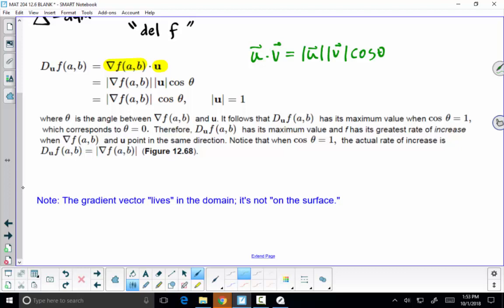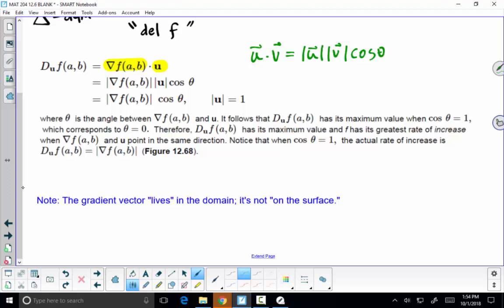So the largest the derivative of f in the u direction could ever be is when theta is 0, so that cosine of theta is 1. Does everyone agree with that? Because if you choose another theta, your cosine value will be a fraction, and when you take a fraction of a number, you're shrinking its value. So the most this can ever be is when theta is 0.